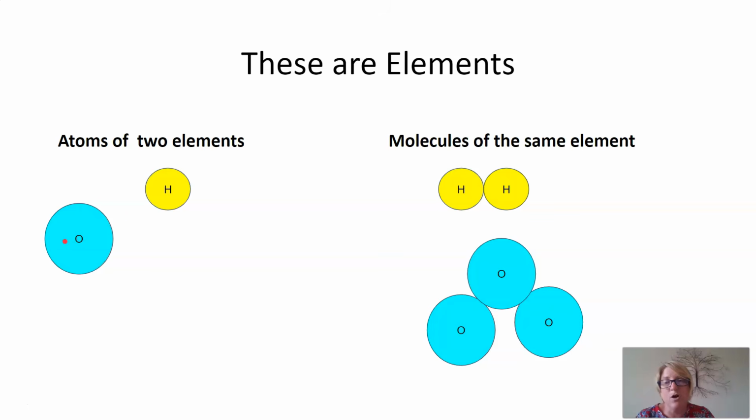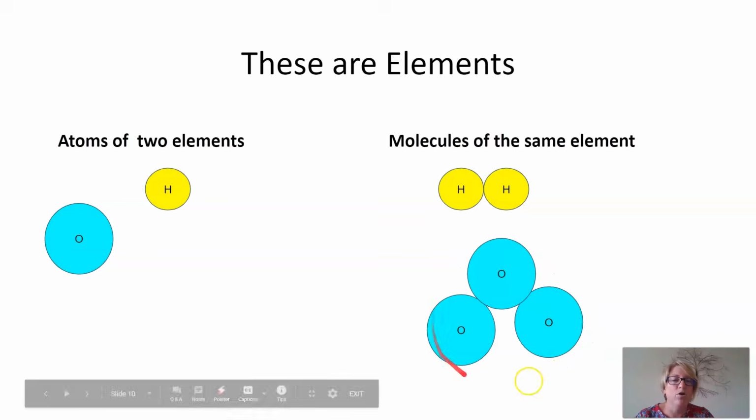One is an atom of oxygen and one is an atom of hydrogen. And here we're showing you molecules of the same element. So here are 2 atoms of hydrogen and it is 1 molecule. Here we have 1 molecule of O3 and that is made up of 1, 2, 3 atoms of oxygen.